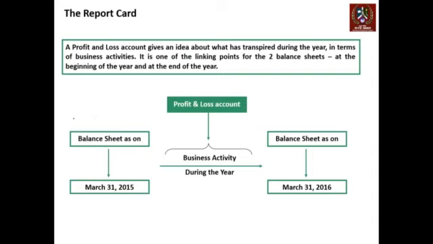That balance sheet is as on a point of time, so that's a snapshot. And you have another snapshot, let's say after a year, of what the business health is. The business activity that the company has taken during the year, what it has produced, what it has sold, etc. All this is what is recorded in the profit and loss account of the particular company. It's one of the linking points of the two balance sheets, at the ending of the last year and the ending of this year, or beginning of this year and ending of this year.